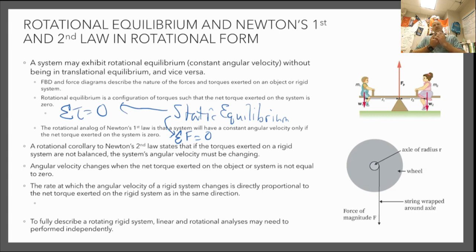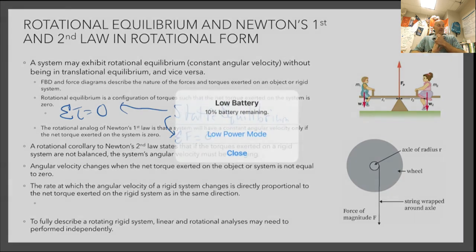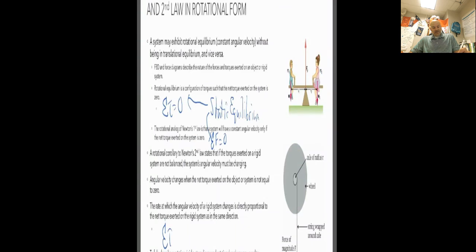Well, the second law, when we talked about it in linear, the focus was sum of the forces equals m times a. Well, guess what? There is a rotational equivalent of mass. There's a rotational equivalent of acceleration. So Newton's second law of rotation, or in rotational form, tells us that the sum of the torques equals I times alpha.